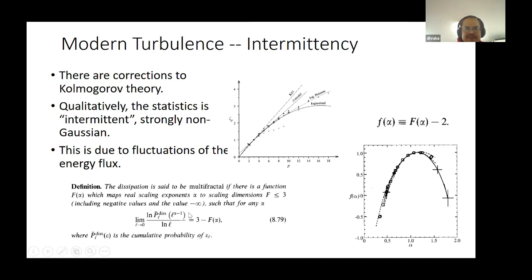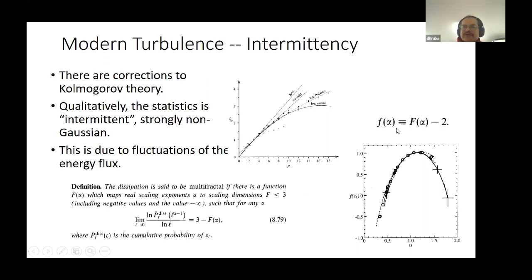Then the probability distribution itself has a scaling behavior. Its log should behave as 3 minus some function of alpha. This can be probed by looking at the various moments of the distribution, and from those moments, you can calculate the f alpha spectrum.